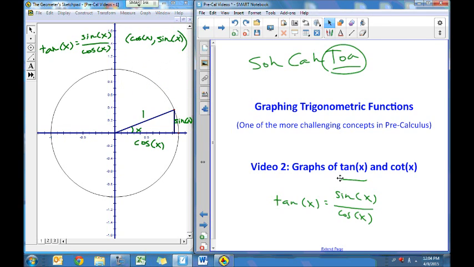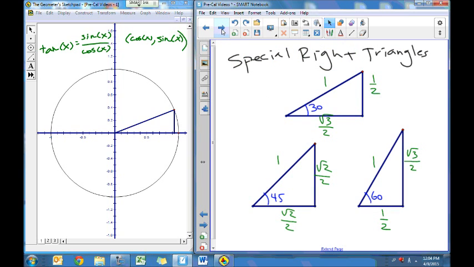So with that in mind, I'm going to have our angle go around the unit circle and calculate the sine of x over cosine of x, which will end up being the y-coordinate divided by the x-coordinate. And also, to keep this simple, I'm going to use some special right triangles.